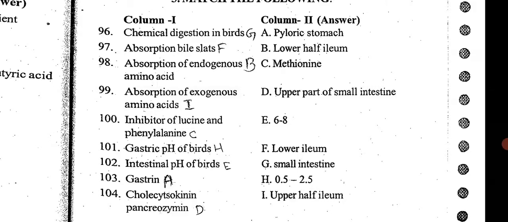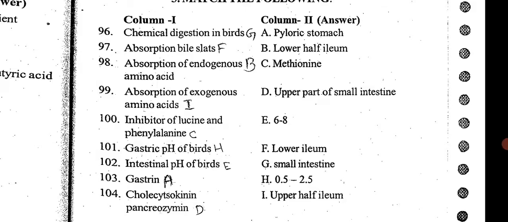And the gastric pH of birds should be acidic, 0.5 to 2.5. That of mammals is slightly more, 1 to 3, but mammals do not usually have a pH of 0.5. Birds have a pH of 0.5 to 2.5.